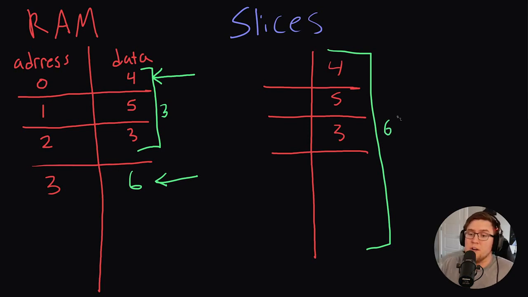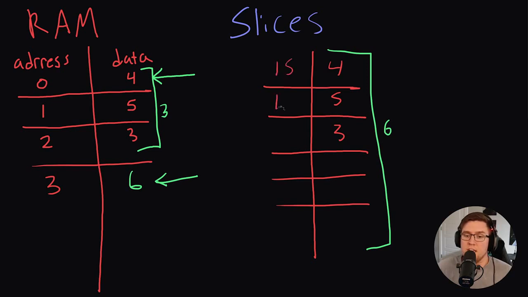We've essentially reserved memory for up to 6 spaces. Let me draw all of that out. Cool. And these addresses over here are going to be totally different, right? Maybe it's address 15, address 16, 17, 18, 19, and 20.